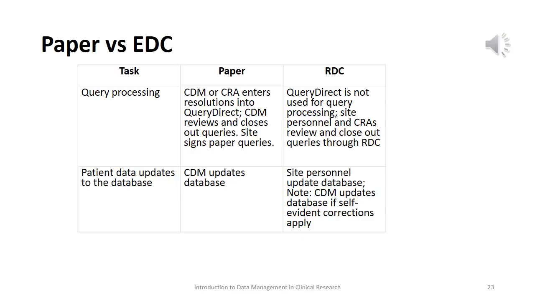And then finally, patient data updates to the database. With a paper system, somebody in data management performs that update. In the EDC system, someone from the site, personnel that's been trained, is going to update data as necessary.